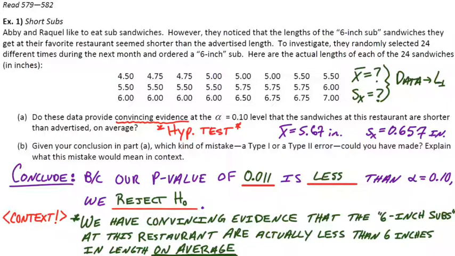So although it might be normal to expect a little bit of variation in the sub length, what we found was convincing evidence that the true average length for these sandwiches is below 6 inches.